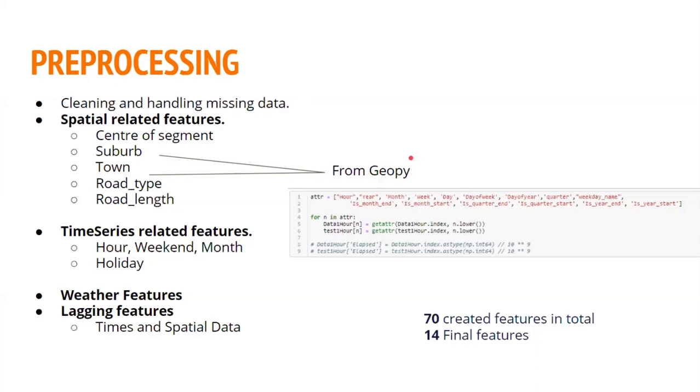We presented the latitude and the longitude of the center of the segment to GeoPy, and GeoPy was able to reverse geocode the latitude and longitude and give us the location of where that latitude and longitude was. We didn't need the country, but we were able to get the suburb and the town, and also which road was closest to where the suburb is.